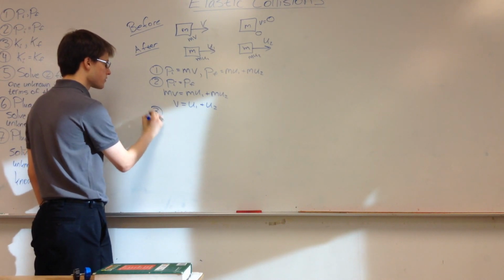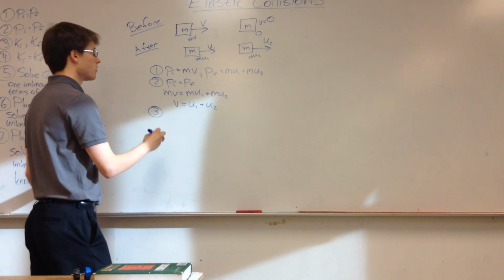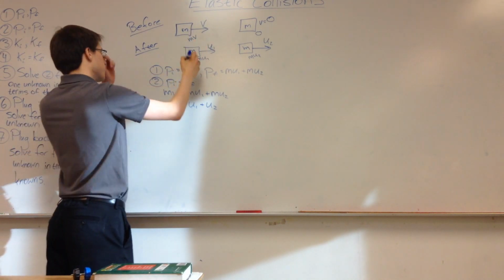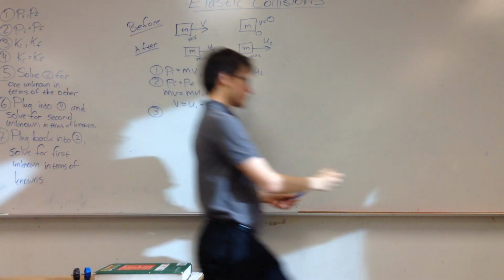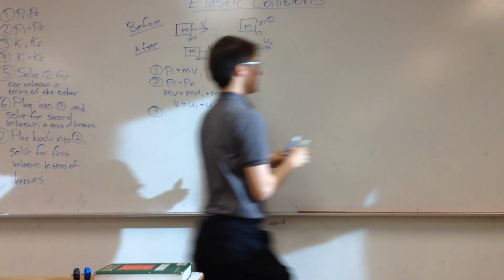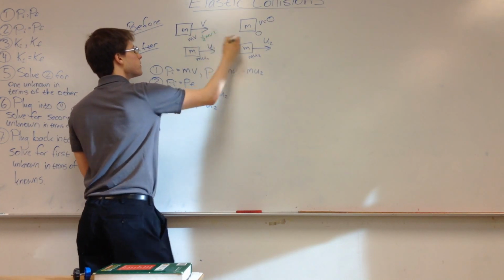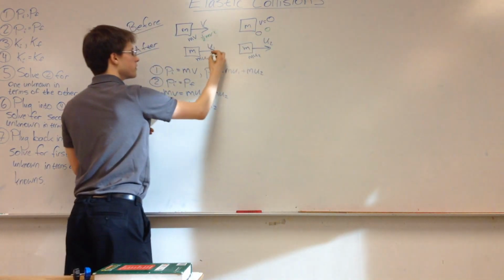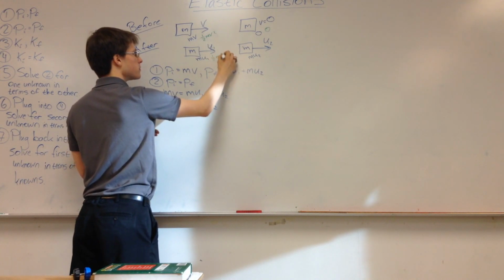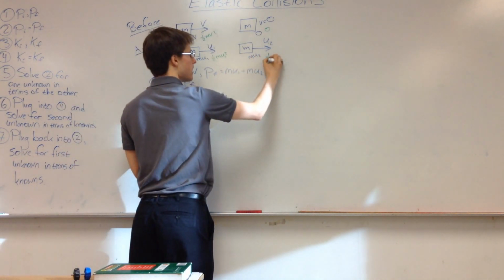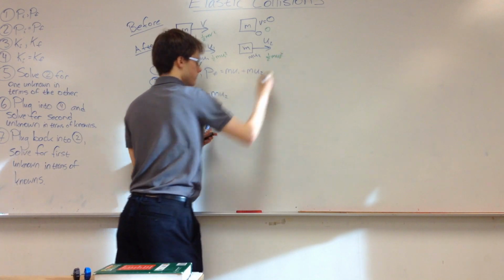Step 3, we turn our sights to energy. The initial energy of this block, I'll write the energy in green, will be 1/2 mv squared. This will be 0. This will be 1/2 mu1 squared, and this will be 1/2 mu2 squared.